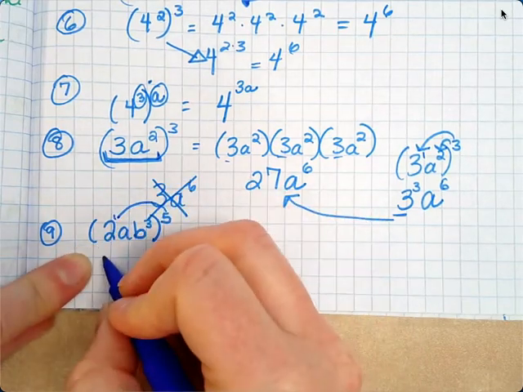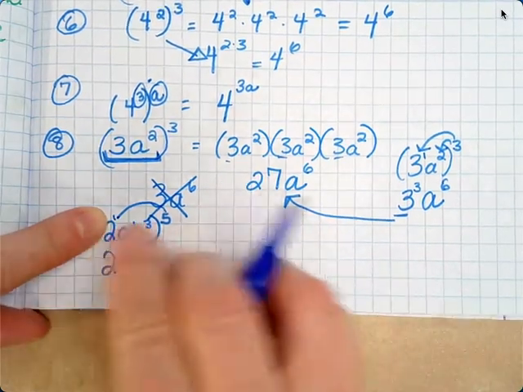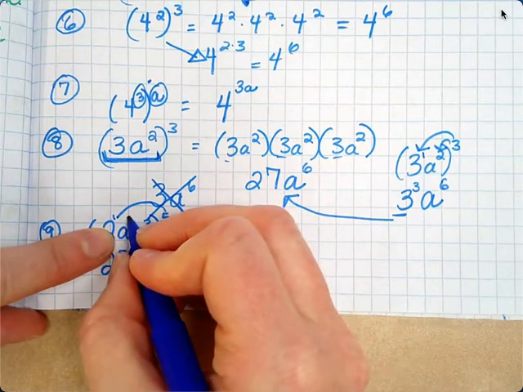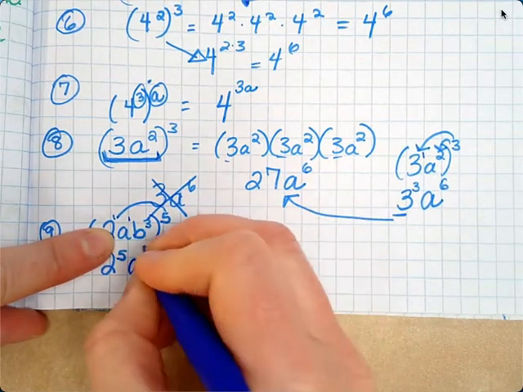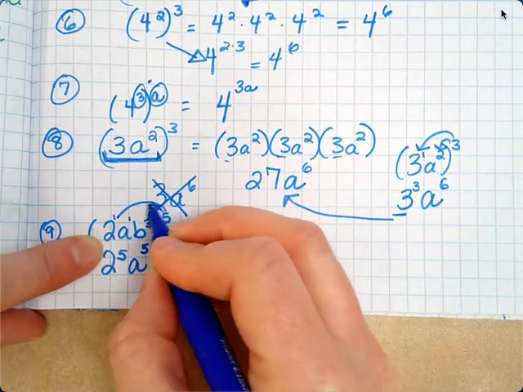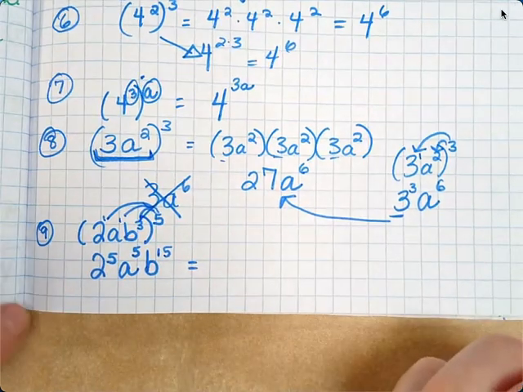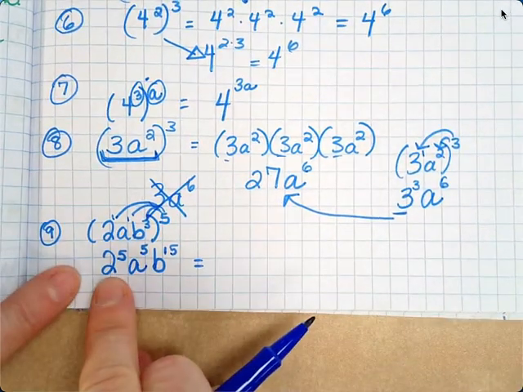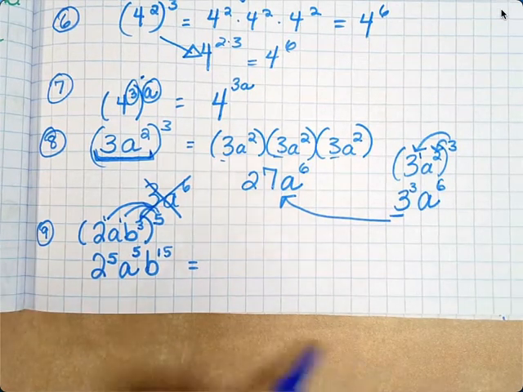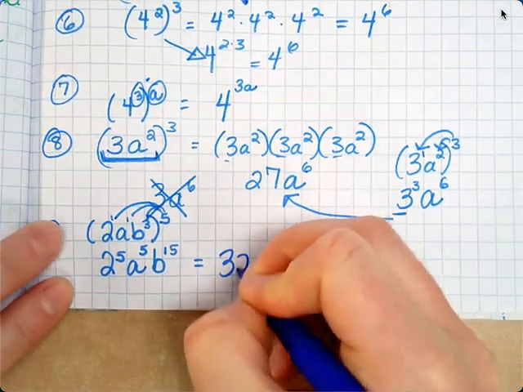Yeah, it'd be raised to the 5th power. Because that's a 1 right now, so 1 times 5. What about the a? Right now it's 1, so what's the a power? And then b, what's the b power? 15. And then we go ahead and do 2 to the 5th. Is it? Yeah, because what was 2 to the 6 was 64, so half of that is 32.